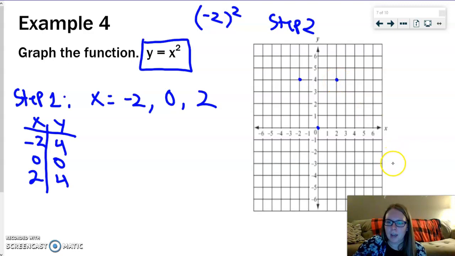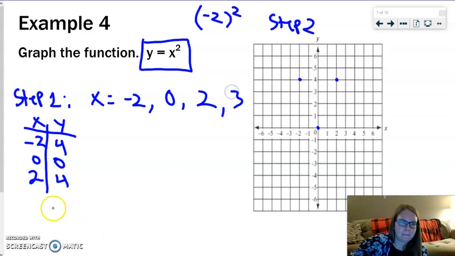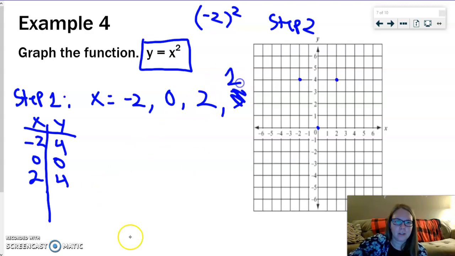And so this one, actually, I think maybe one more point might be helpful. What if we did like 3? Or what if I did 1? I think 1. Maybe that would be a little easier. Let's put in 1, because I can't tell quite what my graph's doing. 1 squared is 1. So I put 1, 1. Oh, what if I did -1 as well?